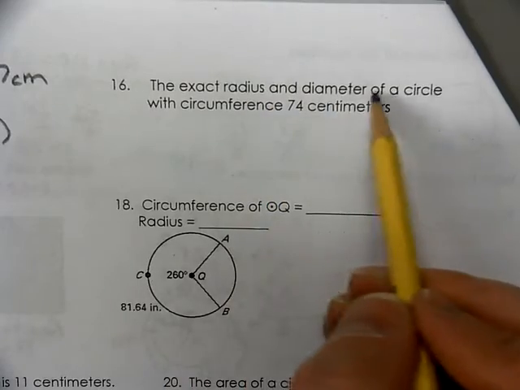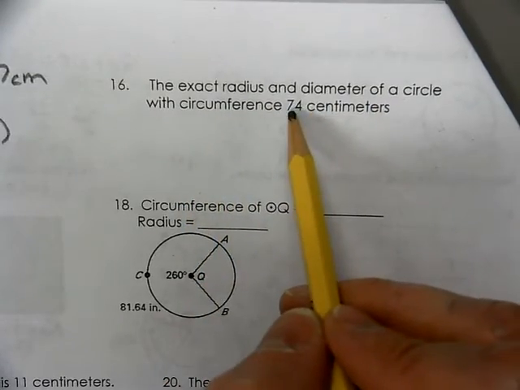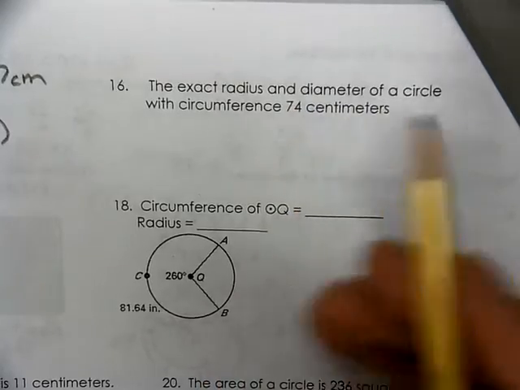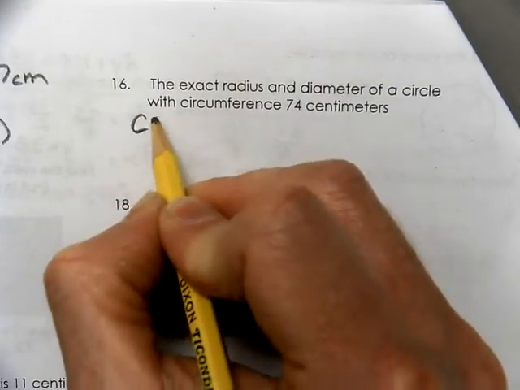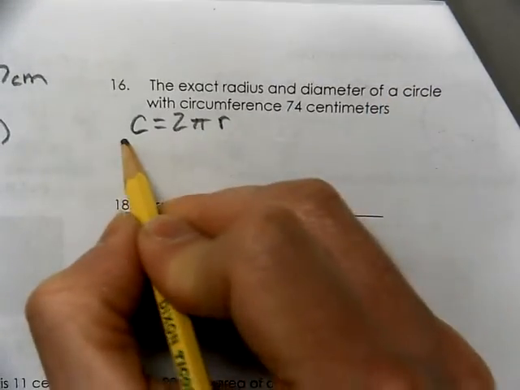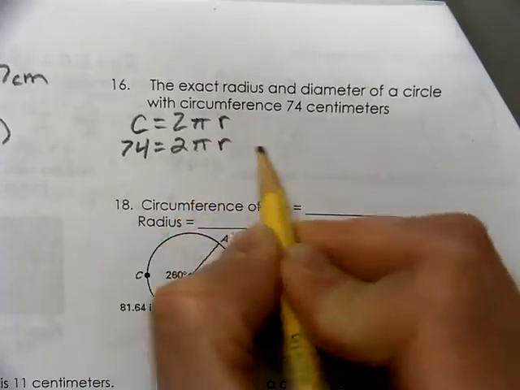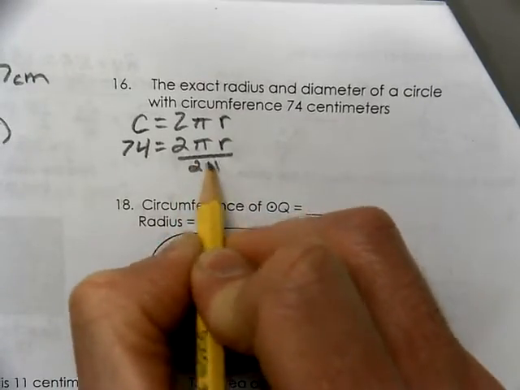Find the exact radius and diameter of a circle with a circumference of 74. The circumference is 2 pi r. Well, if 74 is the circumference, I'm going to divide by 2 pi.